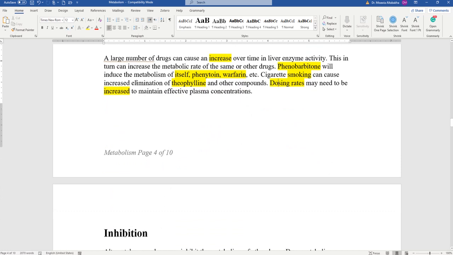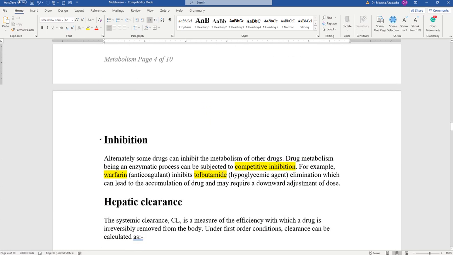The opposite of induction اللي هو inhibition. Inhibition can happen mainly because of competitive inhibition. يعني two drugs are competing for the enzymes. Okay, so this will reduce the metabolism, صح?